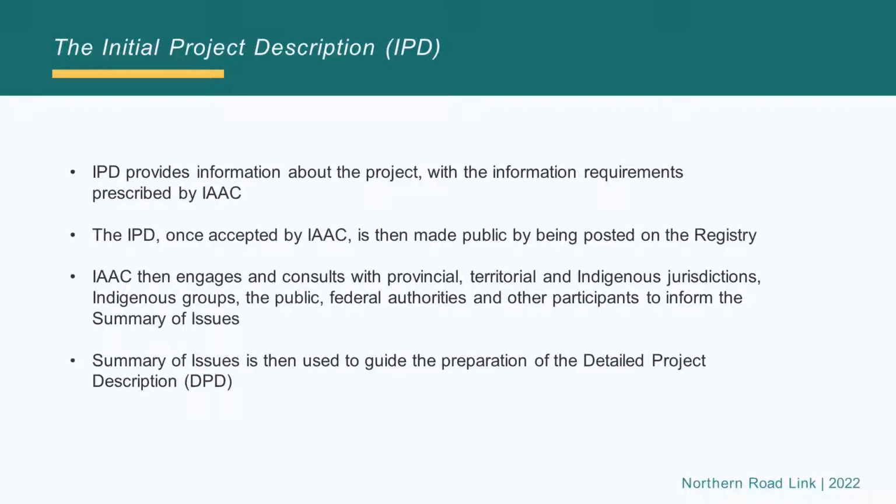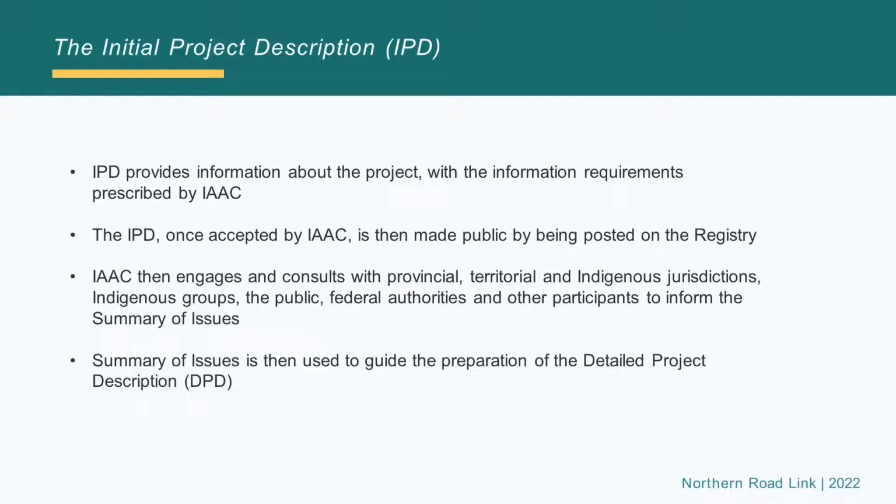Thank you, Qasim. And if our team can move to slide 5, please. I'll talk a little bit about the IPD, the initial project description, and where it sits in that process. So the IPD provides information about the project, and the information requirements for that IPD are prescribed by IAC.